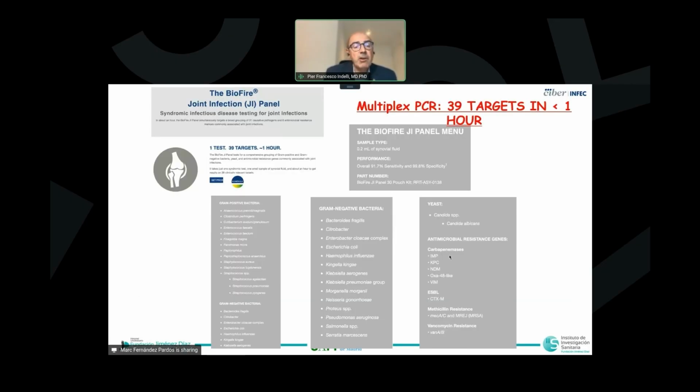So this is the BioFire joint infection panel, the JI panel by BioMérieux. It is a multiplex PCR with 39 targets, and the turnaround time, as I told you, is a little less than 1 hour. There are some pros and cons of this technology.